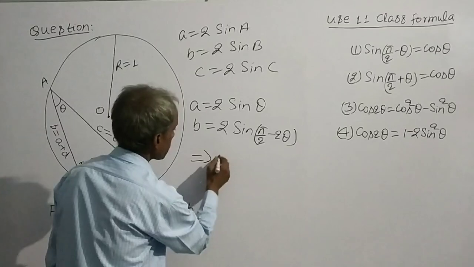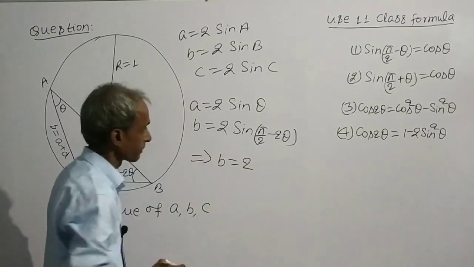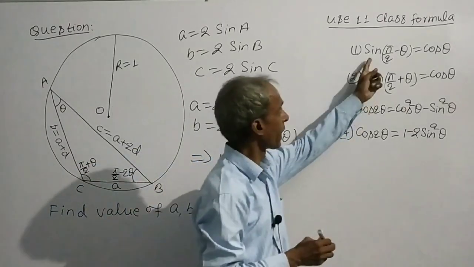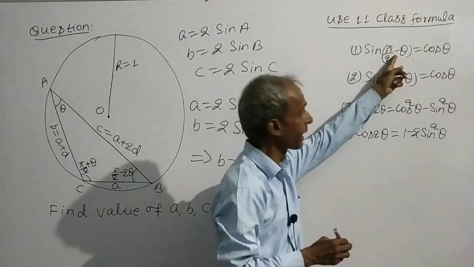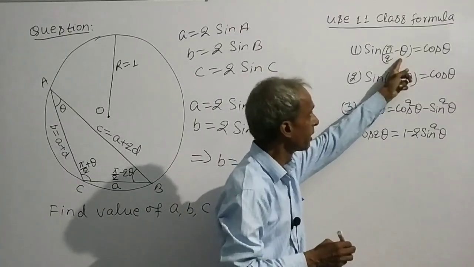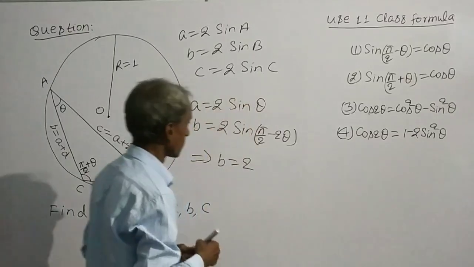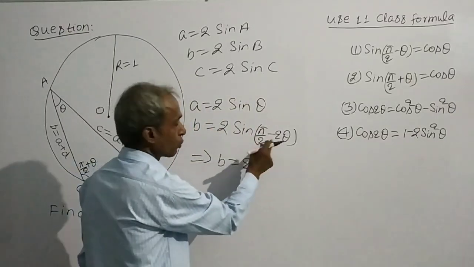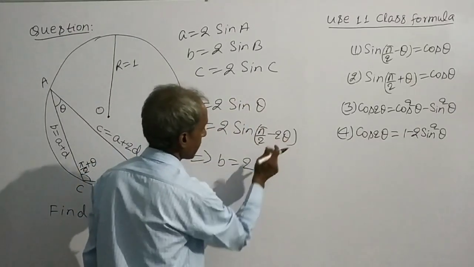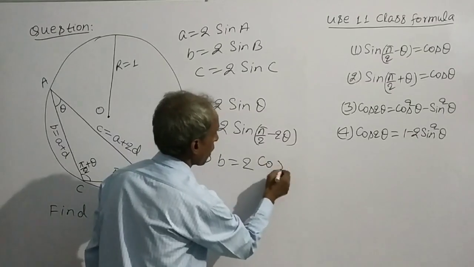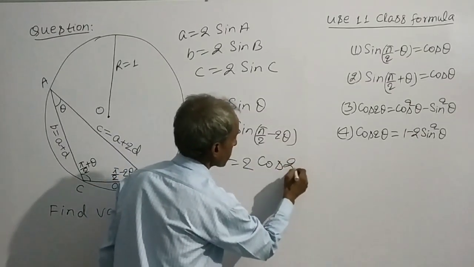This is a formula: sin of pi by 2 minus any angle is equal to cos of this angle.